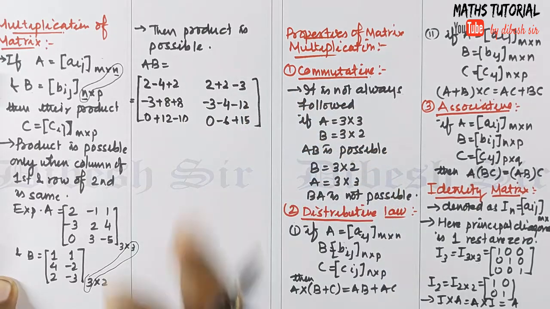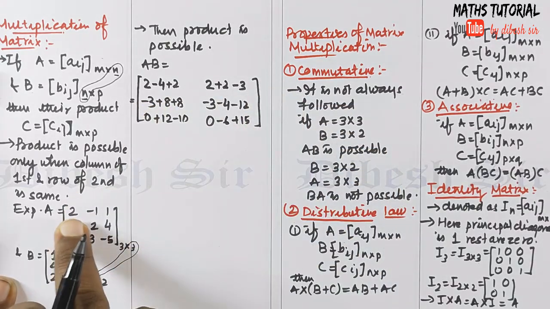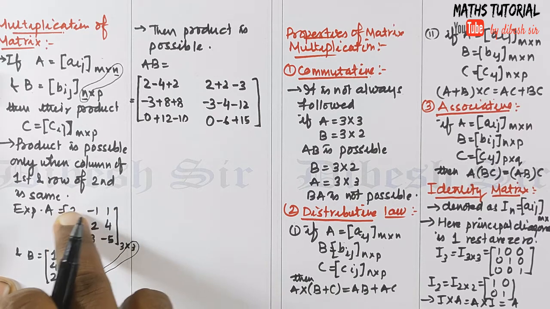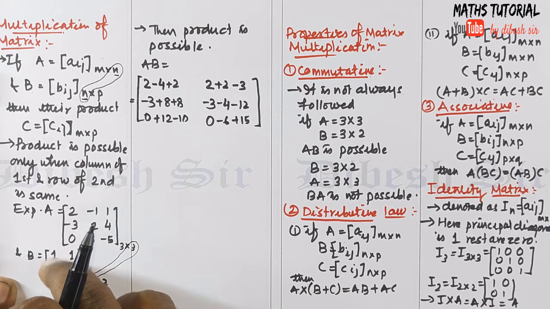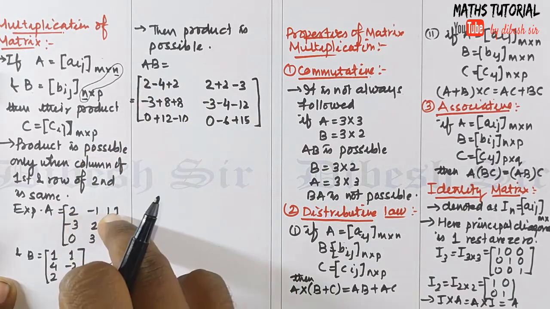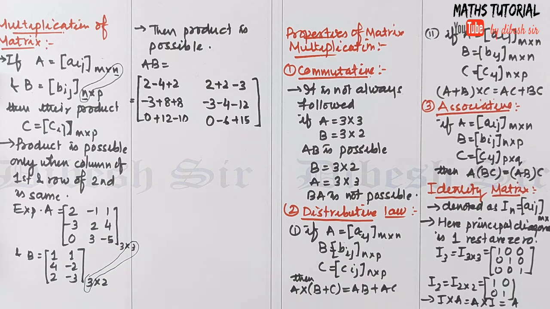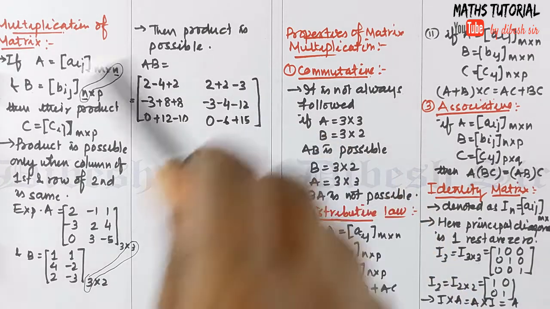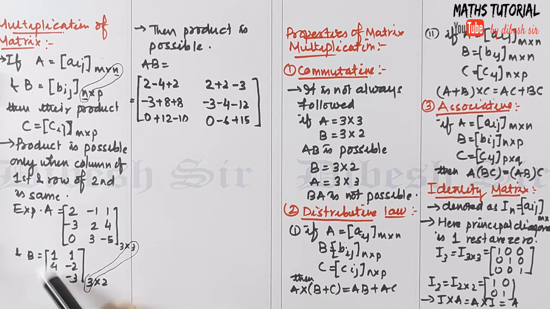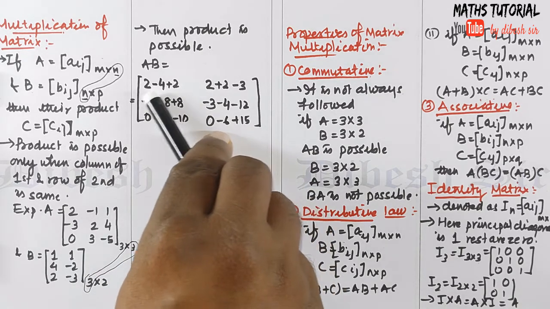So student, understood or not? See carefully. This row is multiplied with this column and placed in first place. This row multiplied with this column and placed in second. Now go for the second row multiplied with the first column and placed in the second row.